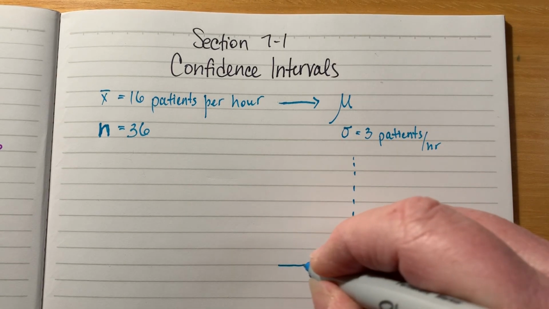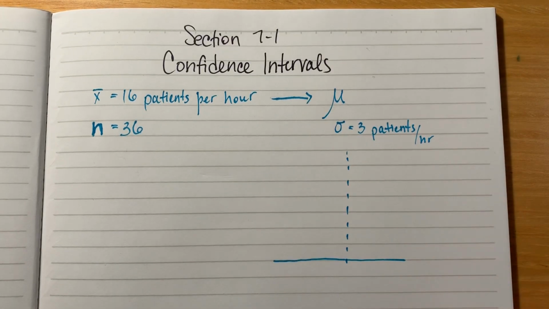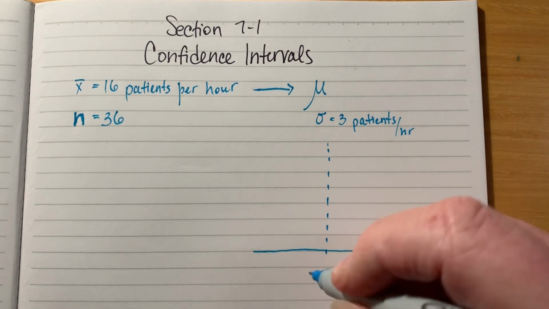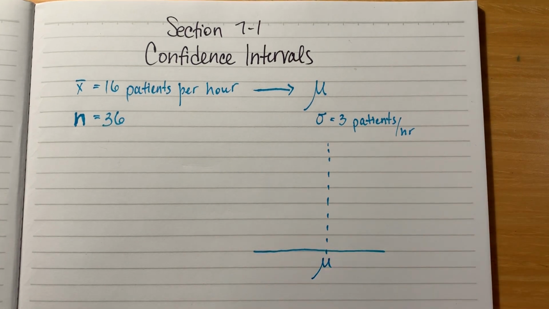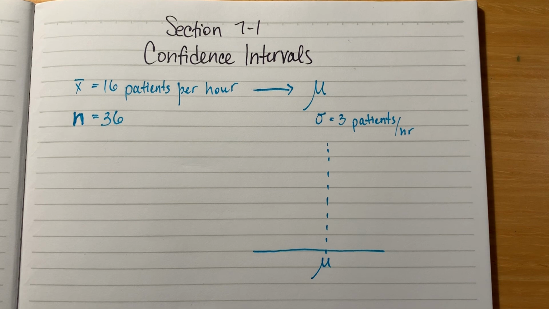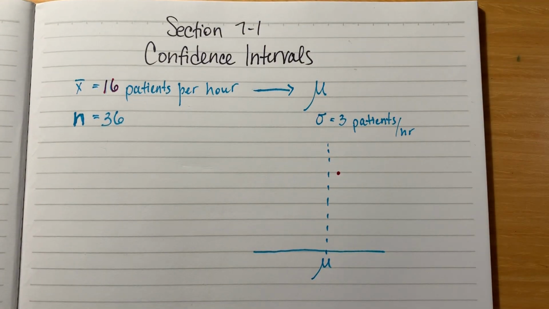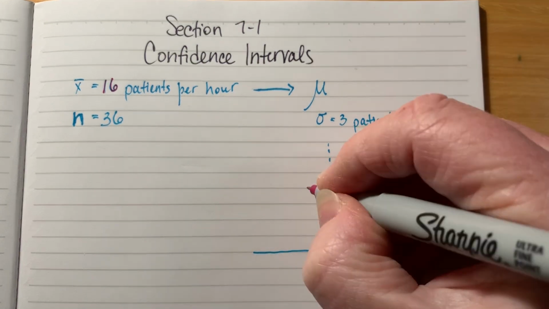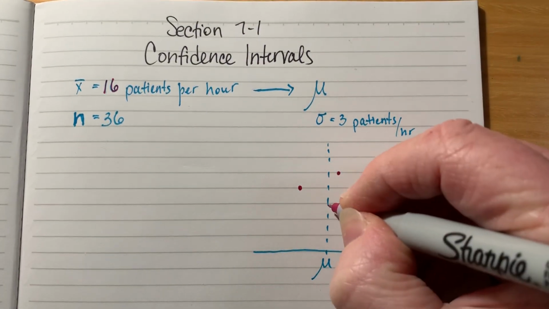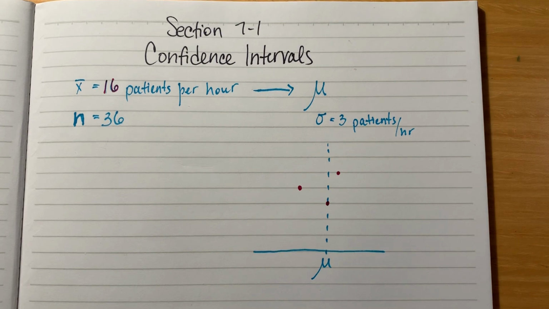Now, I have this some kind of unknown mu, right? And my X bar, this statistic, this point estimate, is somewhere here. Well, I don't know, maybe it's to the left, maybe it's to the right. It could be here, it could be here. It could be right on my mean, but what are the chances of that happening?